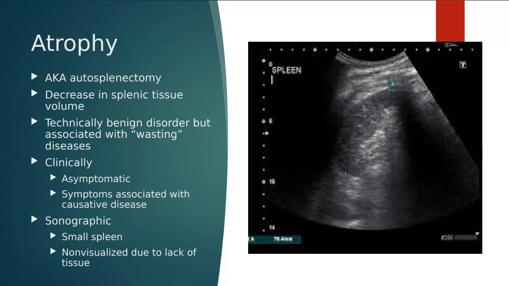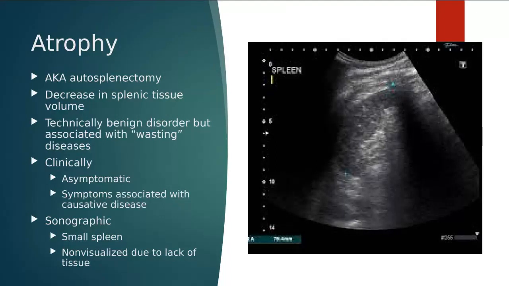Wasting diseases are any disease that has a really severe impact on that overall metabolic state of the patient. They drop massive amounts of weight. They are very weak, and overall they are quote unquote wasting away. So we're seeing splenic atrophy in those conditions and diseases.